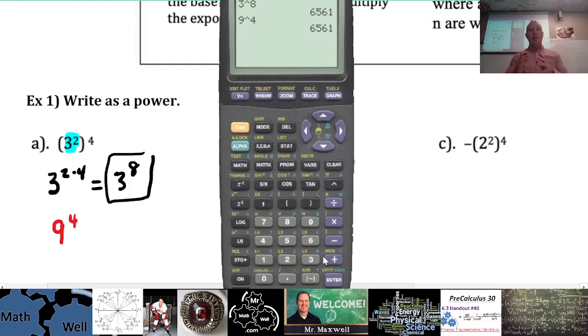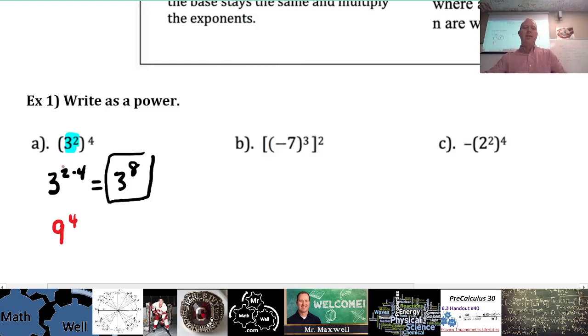So a number can be expressed 2 different ways with 2 different powers. But again, we're trying to get away from having to evaluate these. We don't want to have to do this every time. We want to go straight to this answer. That's why we're learning this. So it's not wrong to view it that way, but this is going to be a bit of a shortcut.